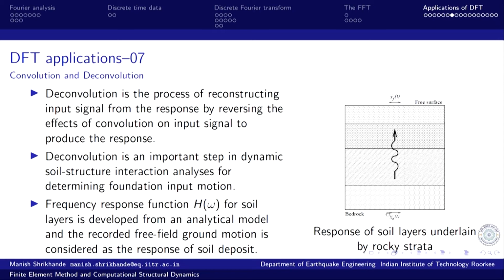This is bedrock, and the base motion, the ground acceleration because of the earthquake, leads to elastic waves propagating through the soil layer. Depending on different types of soil layer, there would be different elastic properties, and accordingly the motion will be modified, and eventually we record the surface motion.